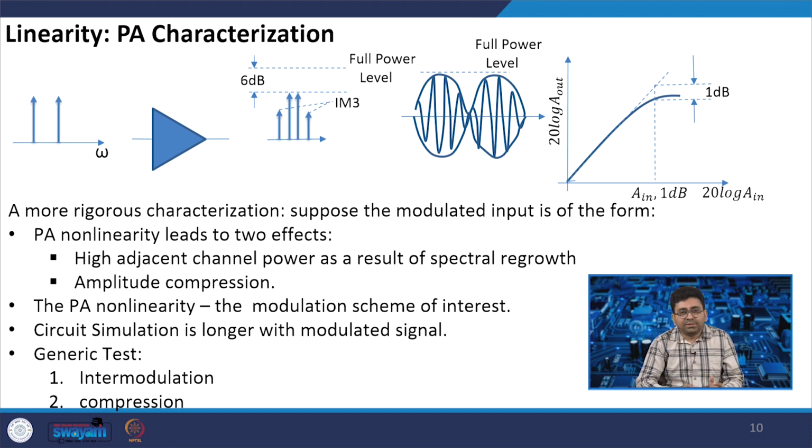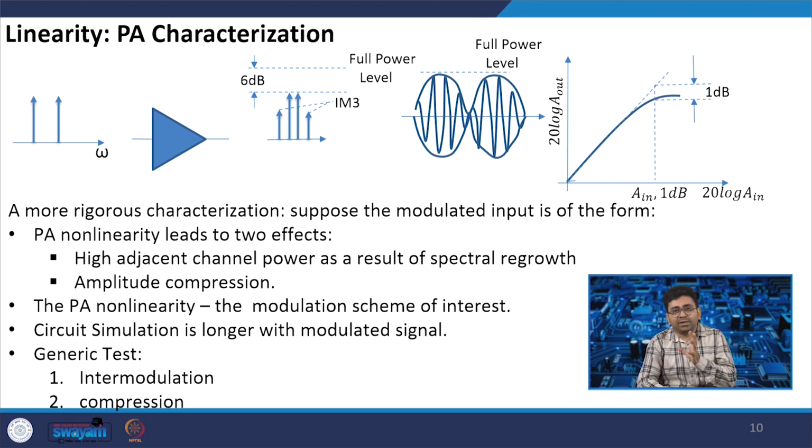Also, if we try to do the circuit simulation with the modulated signal, that will increase the design time of the power amplifier, since the circuit simulation will take a longer time with a modulated signal.